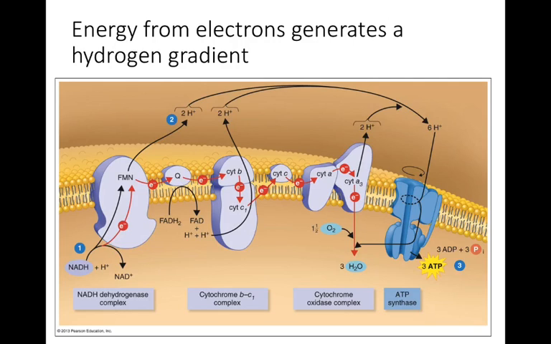So the events that take place in the mitochondria take place in analogous locations in gram-negative and gram-positive bacteria. Primarily, that electron transport chain is located on that inner membrane.